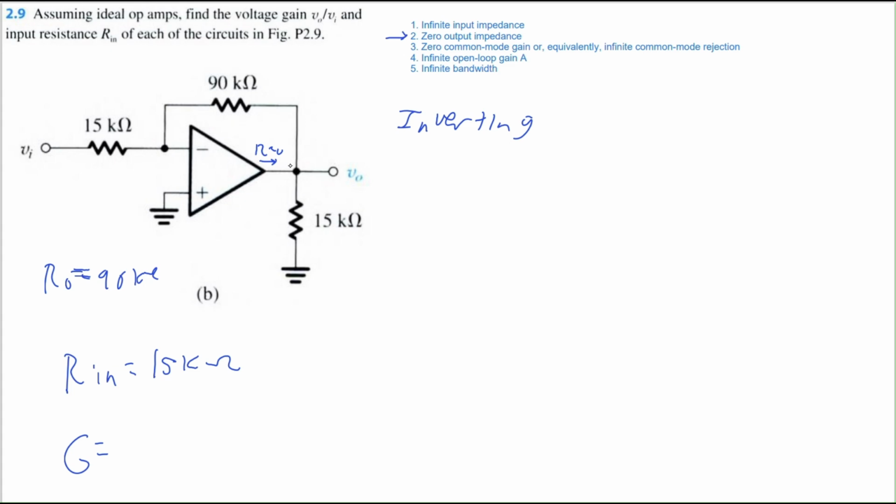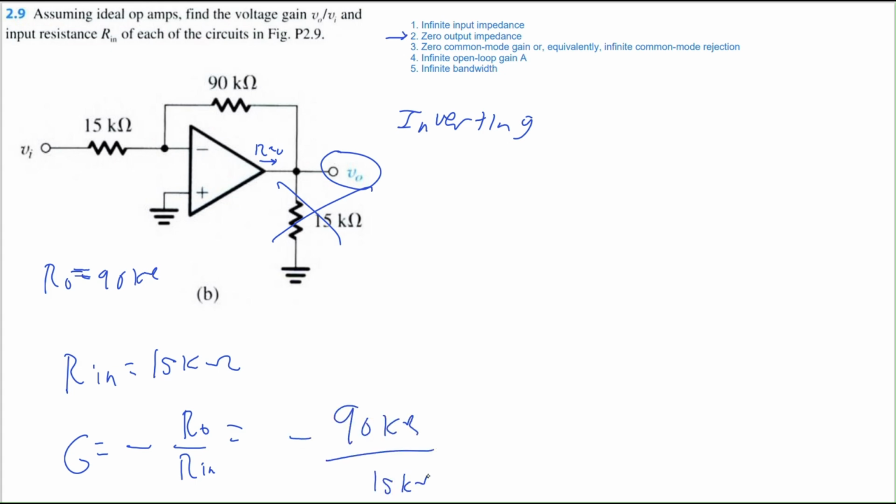And because of that, essentially this 15 kilo ohms is just being neglected because it comes after this Vout. So really this is doing nothing. We can just neglect it. Therefore gain is equal to negative Rout divided by Rin, which is equal to negative 90 kilo ohms divided by 15 kilo ohms, which is equal to negative 6 once again.